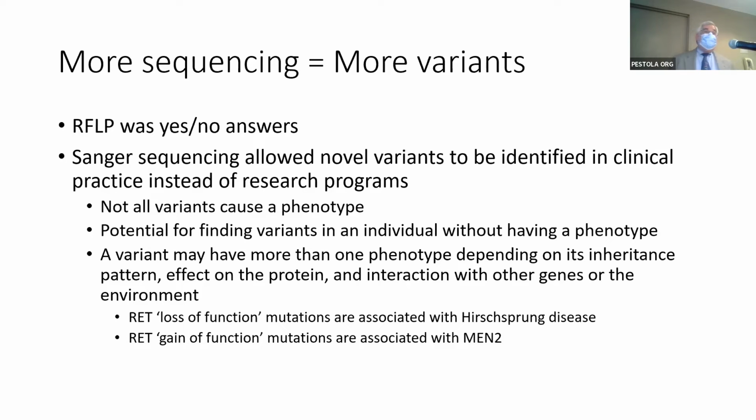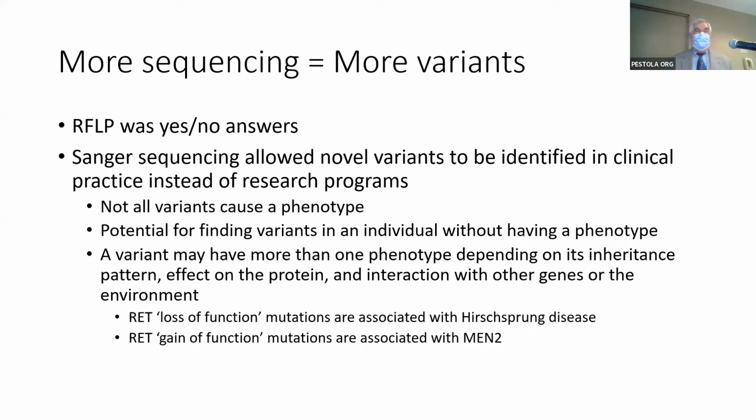Okay. But if you do more sequencing, you of course get more variants. RFLP was easy. It was yes or no. Your patient either had that polymorph or they didn't, and the interpretation was 100%. With Sanger sequencing, you took finding novel variants out of the research lab and put them in front of the clinician. Now you have the problems. Not all variants cause a phenotype, and you might find variants without having a phenotype.